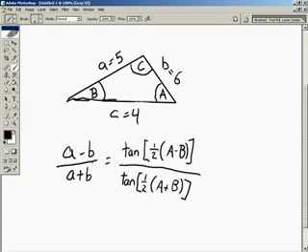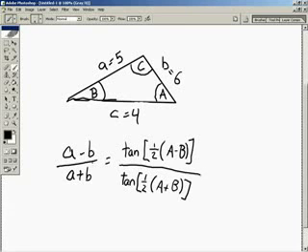It has division in it, subtraction, a whole lot of confusing stuff. And as you can imagine, like the law of cosines, you can replace every A with a C or every B with a C and get two other versions of it, all of which are equivalent. They're all saying the same thing.